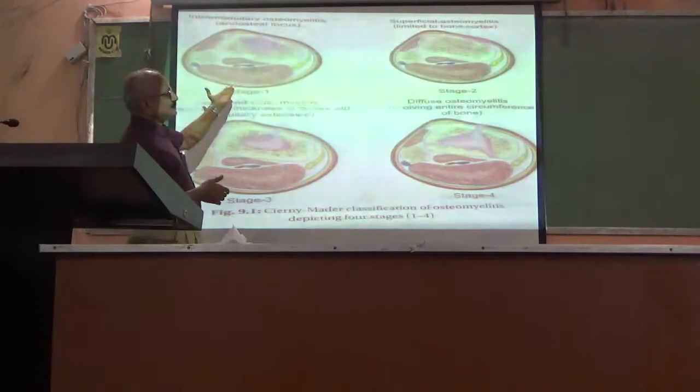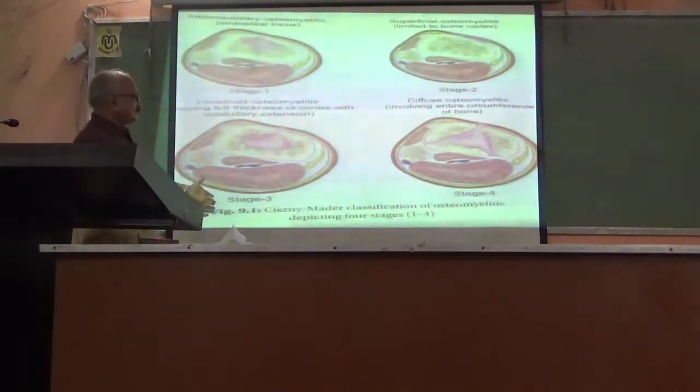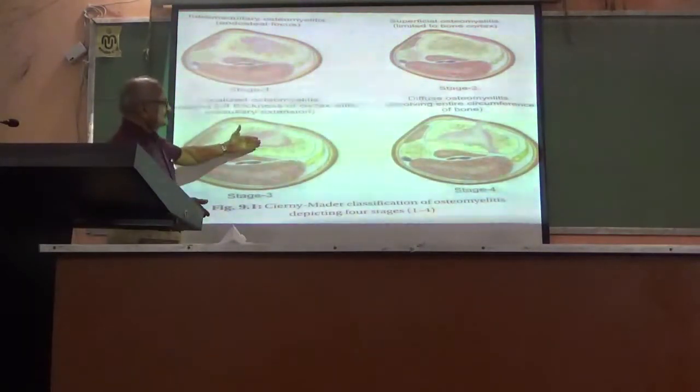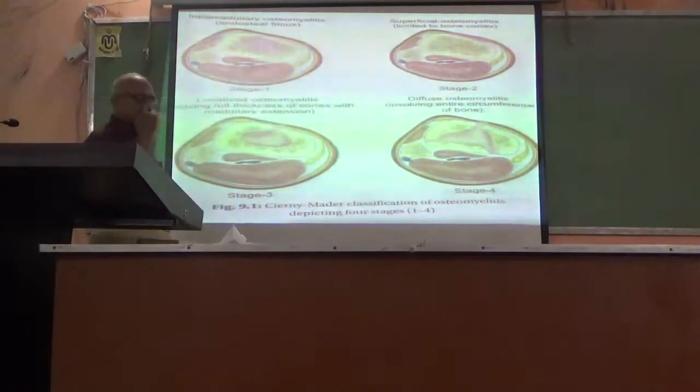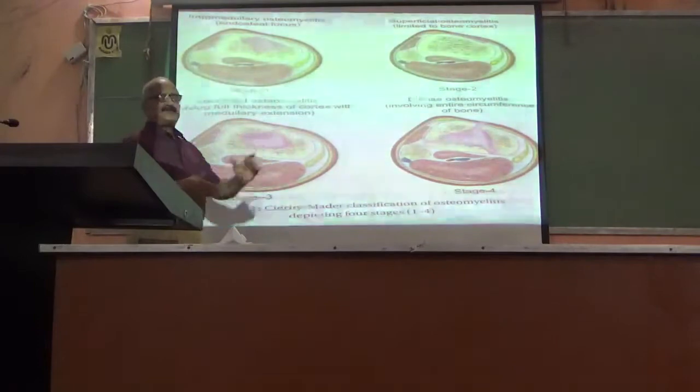So myelitis, osteitis. Then in stage 3, the infection has traversed the cortical boundaries and reached the subperiosteal region.